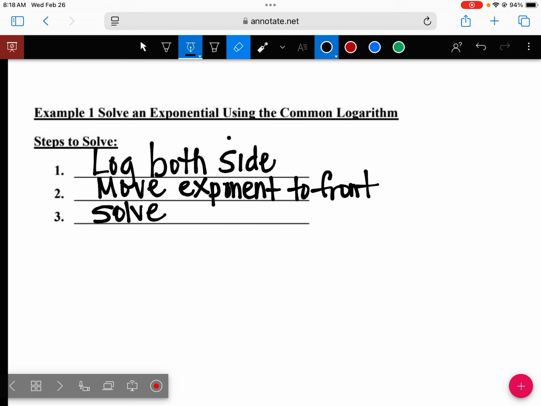That says exponent, by the way. Let me rewrite that. That looks a little messy. Move your exponent to front and then solve. So that's our 3 steps that we're going to use for the rest of the class period to solve.